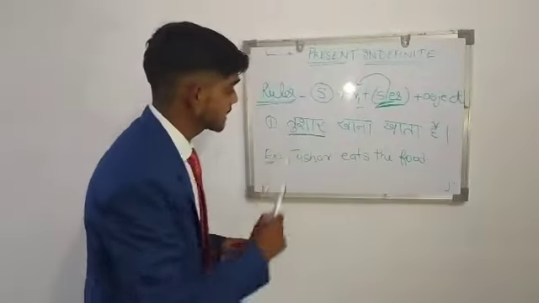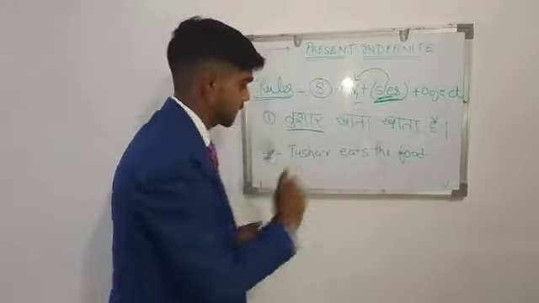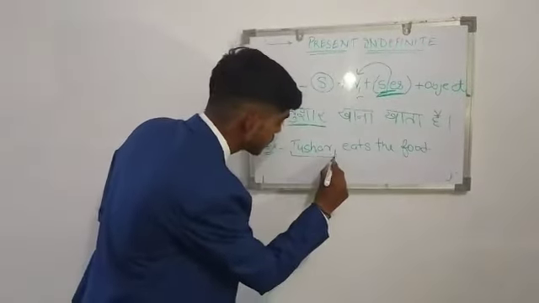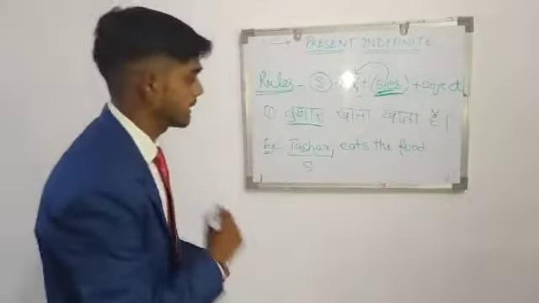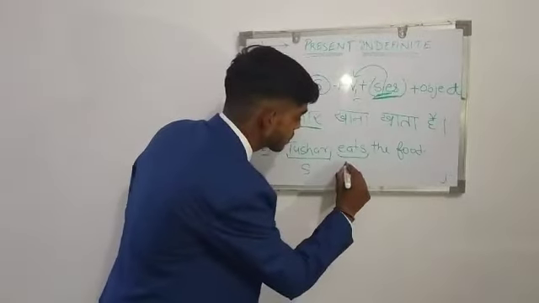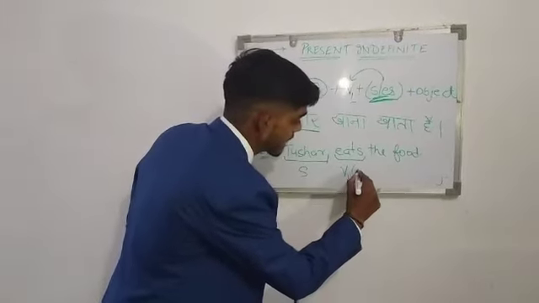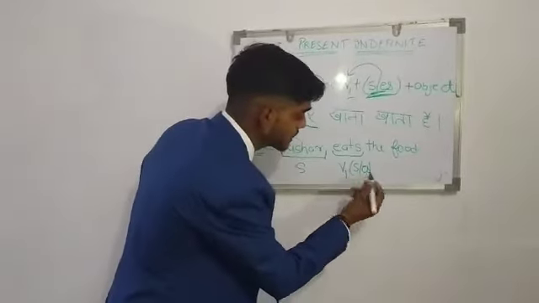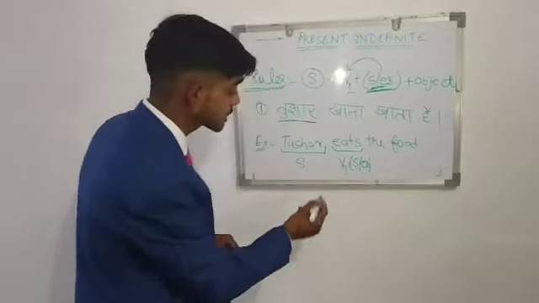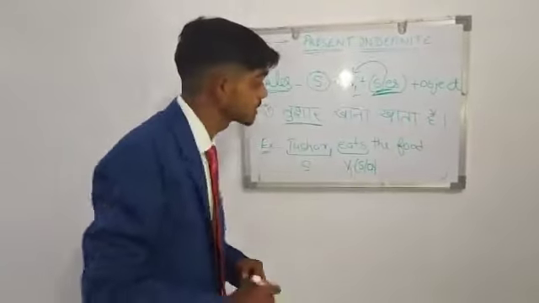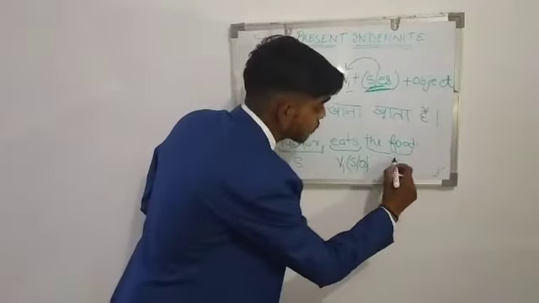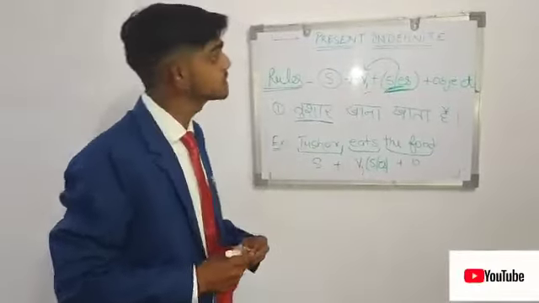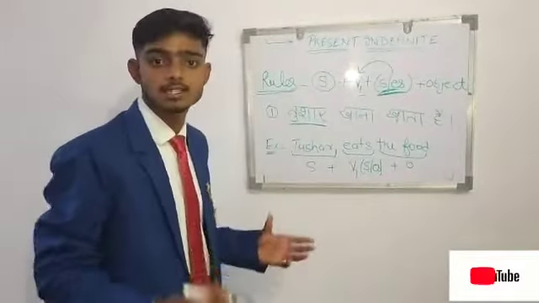Here we take Tushar khana khata hai, and here we use the rule that Tushar is our subject and eats is our verb first form with s or es added. This s or es is added just because the subject is a singular person. The food is our object.